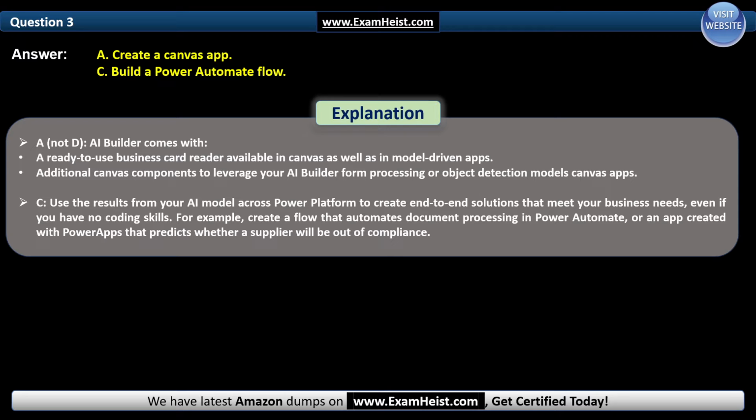About option C, use the results from your AI model across Power Platform to create end-to-end solutions that meet your business needs, even if you have no coding skills. For example, create a flow that automates document processing in Power Automate, or an app created with Power Apps that predicts whether a supplier will be out of compliance.